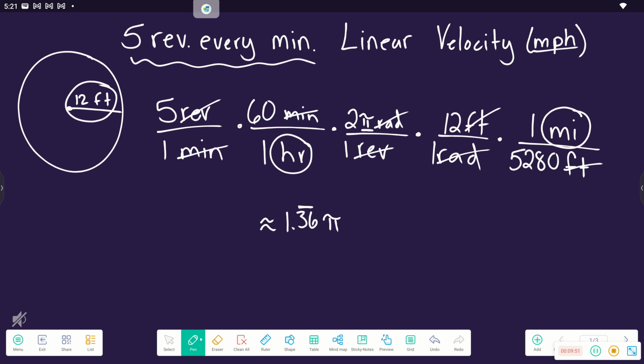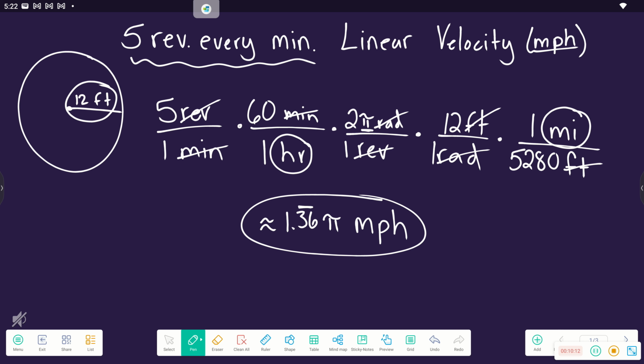Don't forget your pi, it's there hanging out, miles per hour. Okay. We are just doing extremely complex dimensional analysis to move from revolutions to some measure of distance.